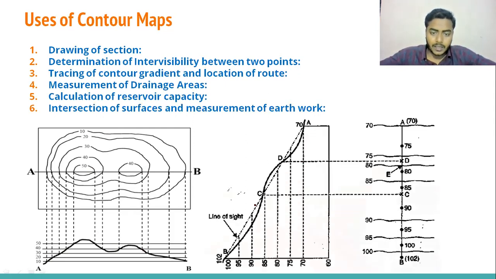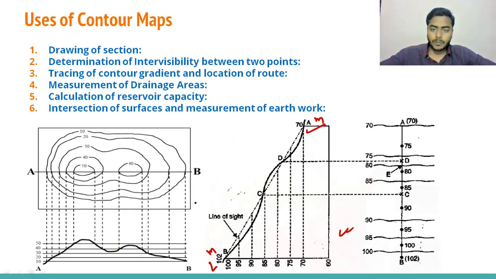Elevation of point A is 70 meter, elevation of point B is 102 meter. Now we are going to see whether points A and B are intervisible or not.